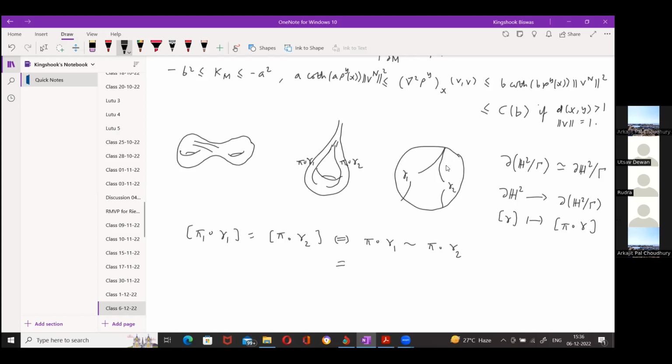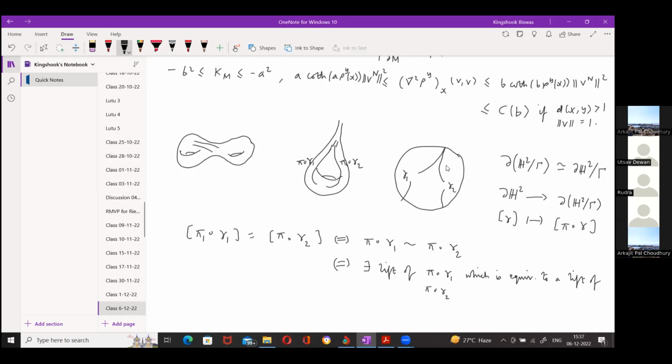This happens if and only if there exists a lift of pi composed gamma 1 which is equivalent to a lift of pi composed gamma 2. They have equivalent lifts, right?